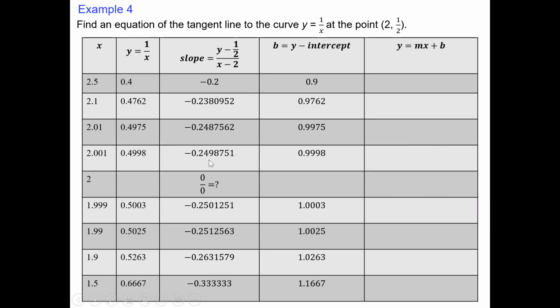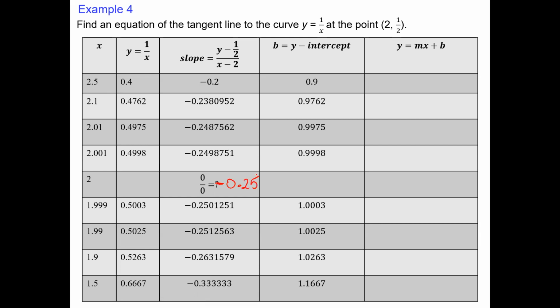Yeah, we can see it looks like negative 0.25. That's the slope of the secant line between 1.5 and 2. Definitely we can say negative a quarter.